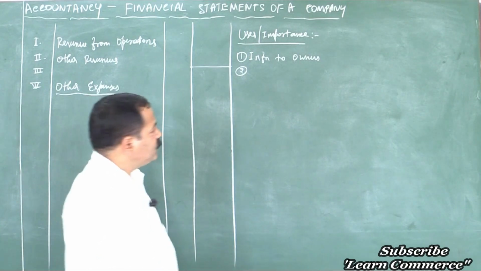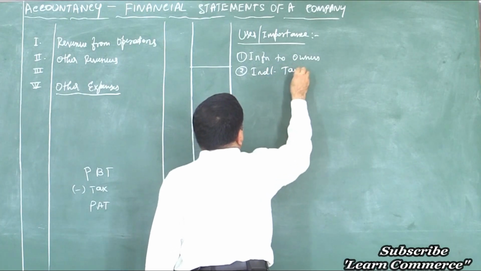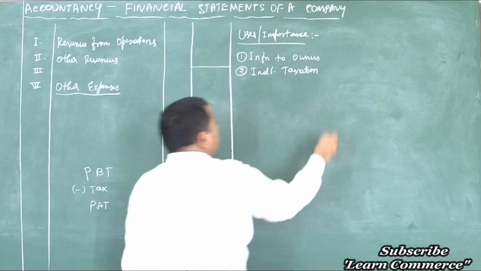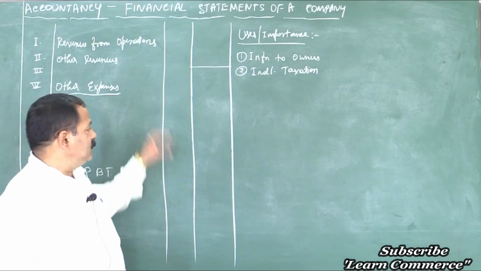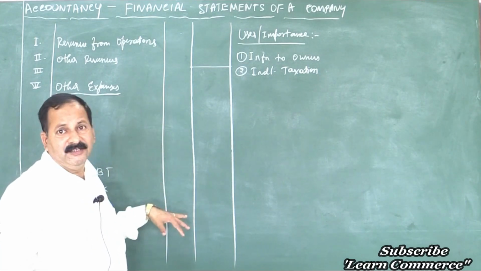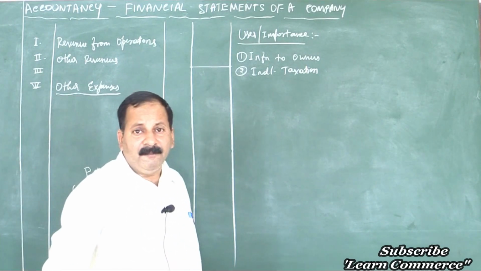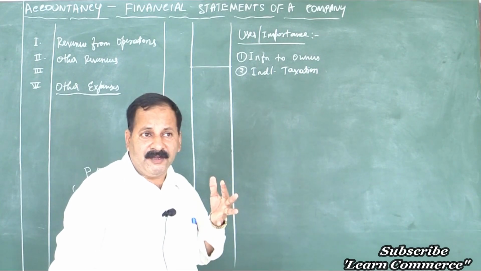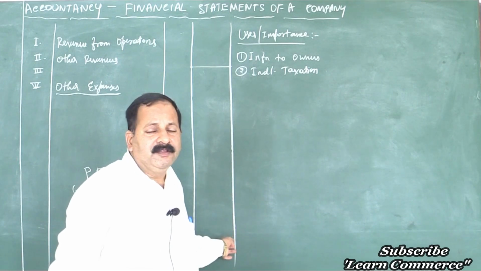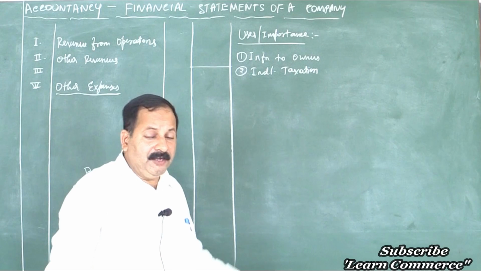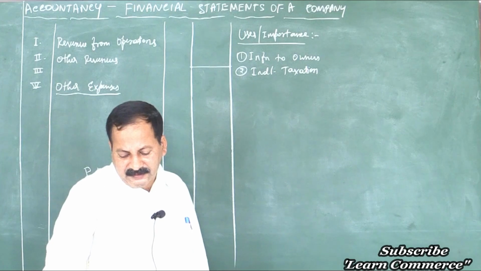For industrial taxation, financial statements are required, because on the basis of the performance of the industries, by seeing how much profit is earned or how much loss is incurred, the government will take decisions regarding taxation policy, and tax will be levied on the profit earned by the companies, as reflected in the financial statements prepared by the companies.